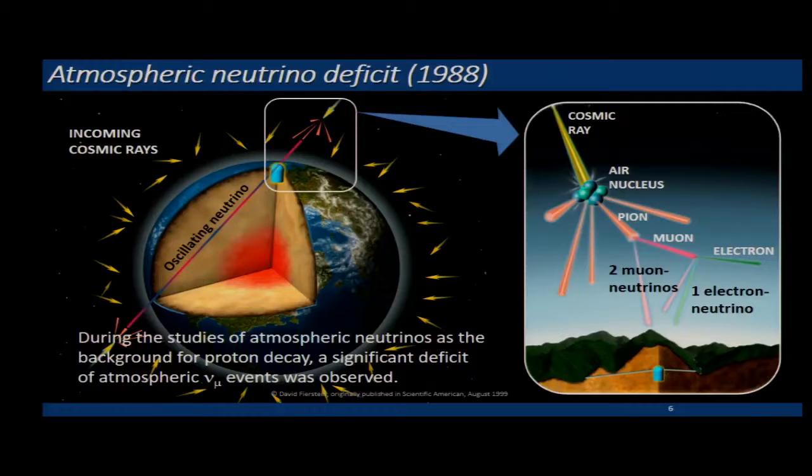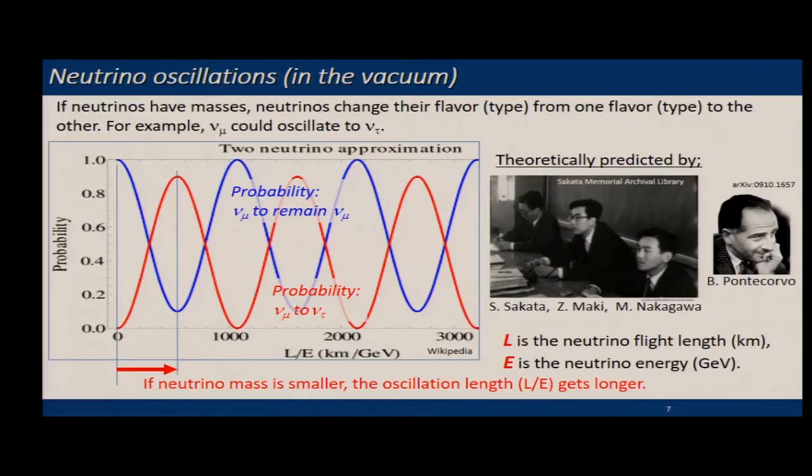That was 1988. Well, at that moment, we had no idea what was going on. But just as a possibility, we thought maybe this data suggests that neutrinos oscillate.